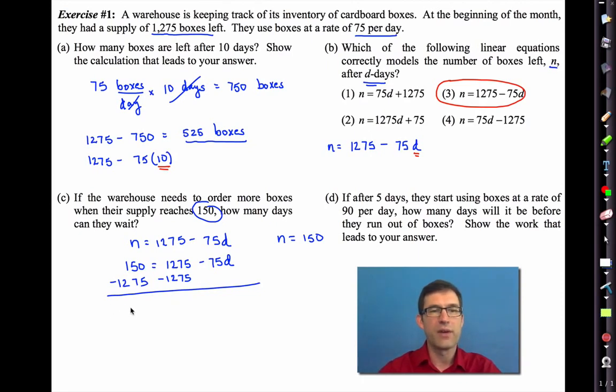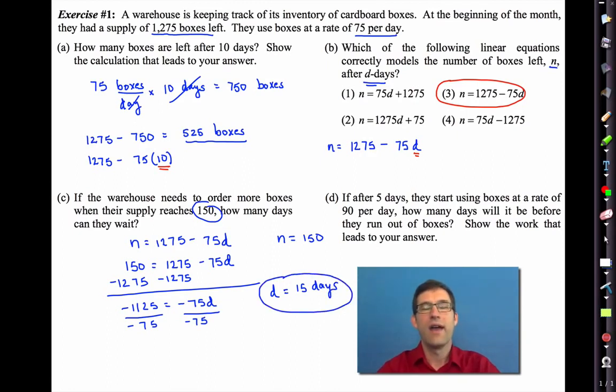But I can deal with that, right? Especially if I'm using my calculator. That'll be negative 1,125. Sorry, I'm looking over at my cheat sheet every once in a while, i.e. my answer key, equals negative 75 times D. I can now divide both sides by negative 75. And what I'll find is that D equals 15. 15 days before I get down and have to order more boxes.